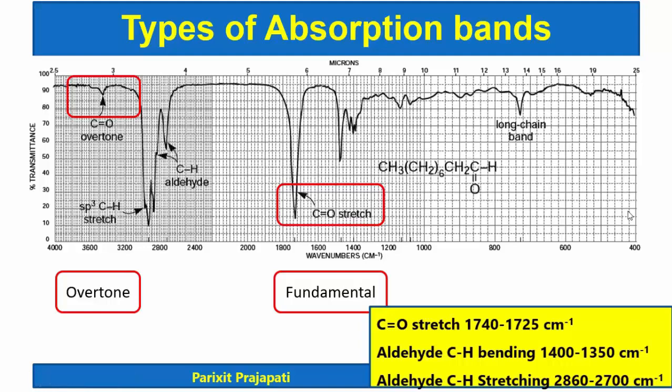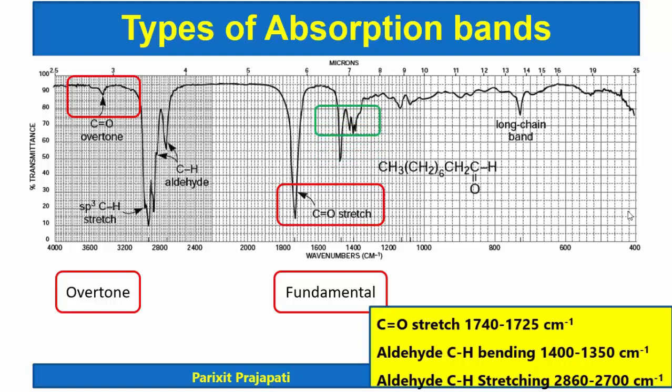Now, aldehydic CH bending. Earlier I told you that bending vibrations for the same bond occur at lower frequencies than the stretching vibration. So the aldehydic CH bond of aldehyde gives bending at 1400 to 1350. So where is it? The green box.